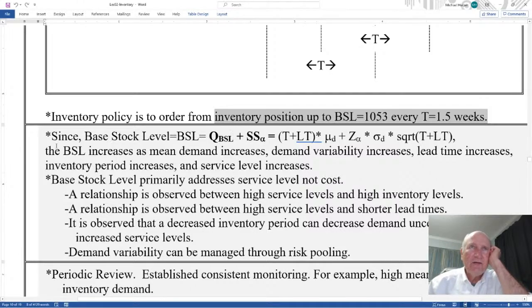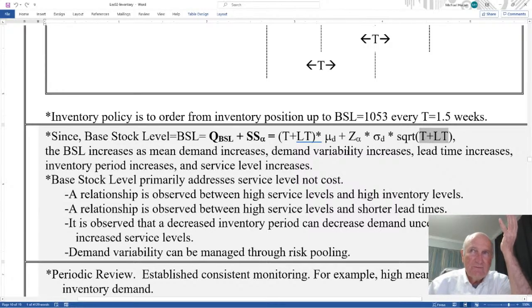Okay, here's the calculation. Here's the takeaways. The base stock level is the mean times the inventory period and the lead time together, plus Z times sigma times the square root of the inventory period and the lead time together. So the safety stock and the base stock level are very similar.